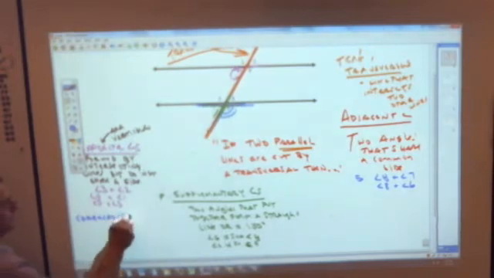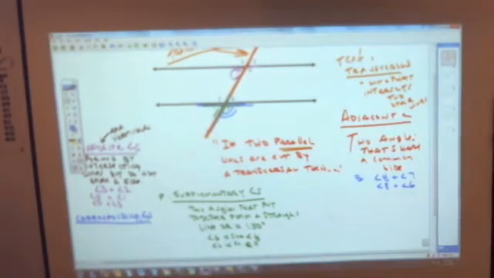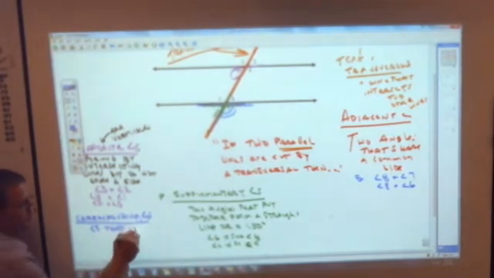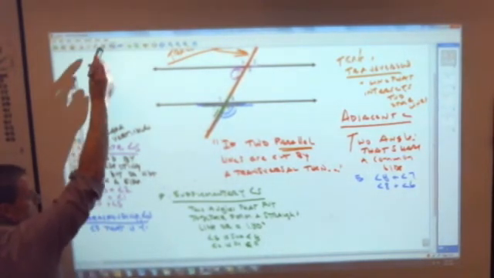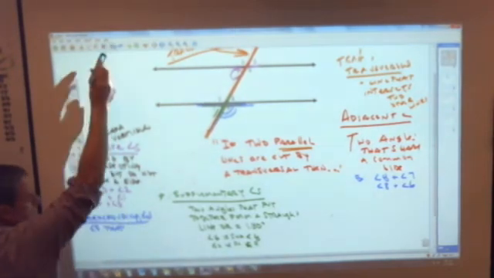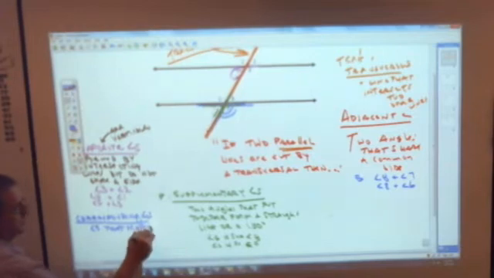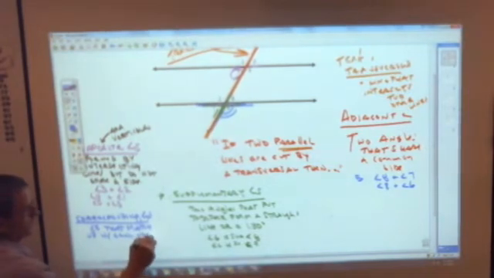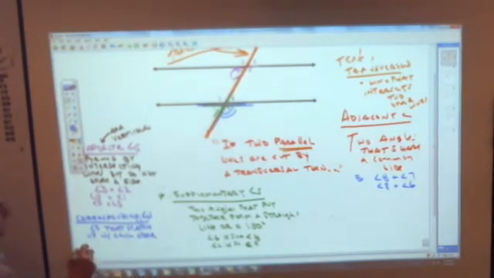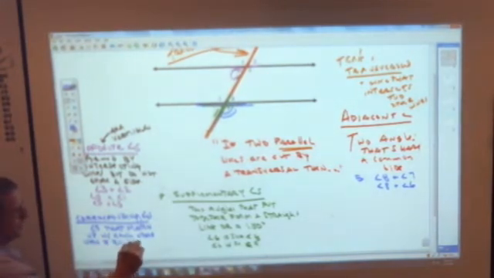Corresponding angles are angles that match up with each other when two parallel lines are cut by a transversal.